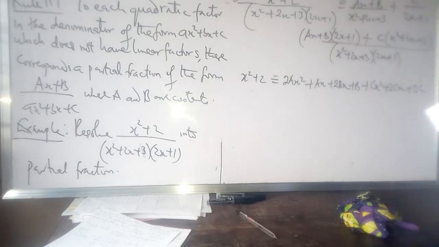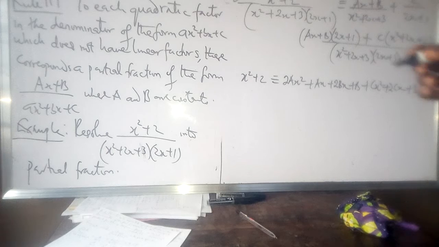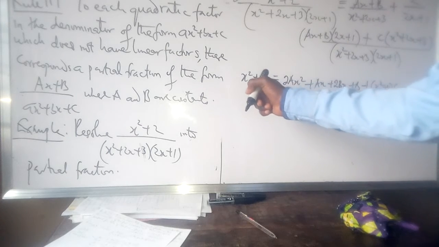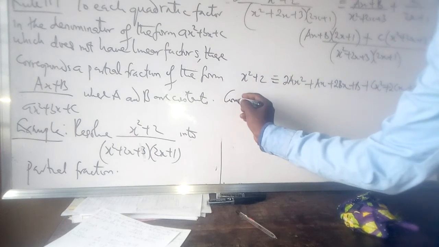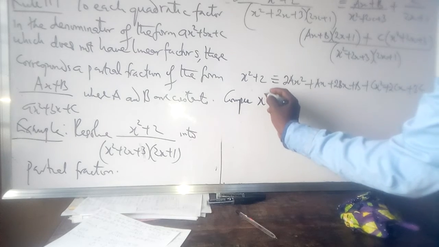So what do we now do here? We compare the coefficients of similar terms on the left and right hand sides. First, the coefficient of x squared.